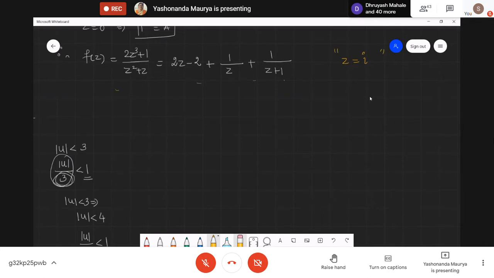So what do we do? We'll take this as some other variable. It will be z minus i. Let me call it as u. So this implies, what is the expression for z? z is equal to u plus i. So what will be my new expression for f of z? It will be 2 times, okay.